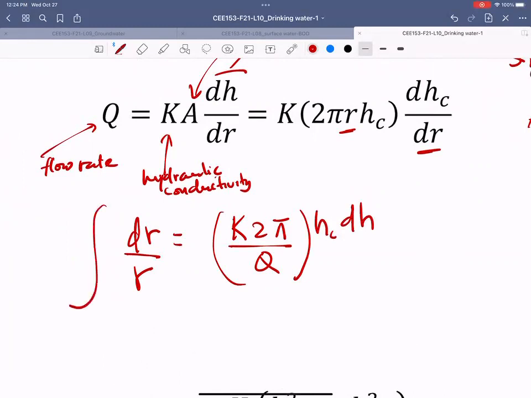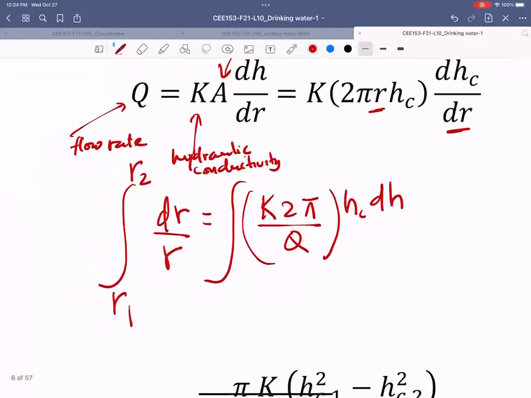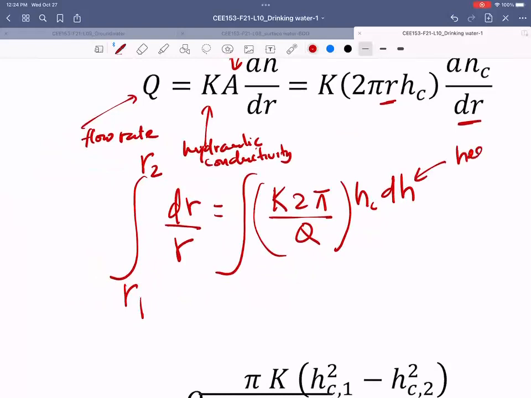So if you integrate this one, radius from one radius to, let's say, another radius, and if you know at that radius what is the height or the head of the water, so you are looking for what is the head of water at whatever that height is.